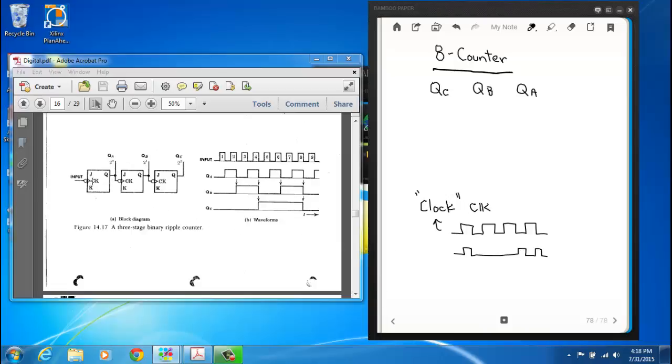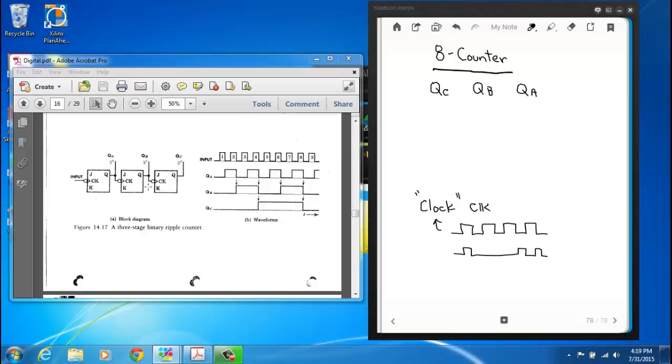Notice that the left flip-flop here is where our square wave is coming in. This is the timing diagram showing the waveforms for the input of the counter, which is the clock input of the furthest left JK, and then QA, which is the output of this first JK that connects to the clock input of the second one, and then QB, which is the output of the second JK that connects to the clock input of the third, and then QC, which is the output of this third JK.